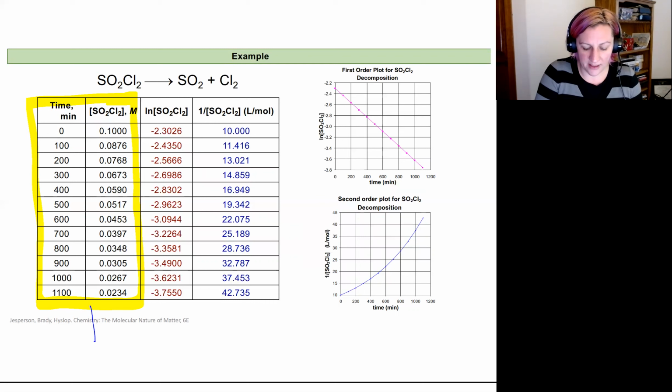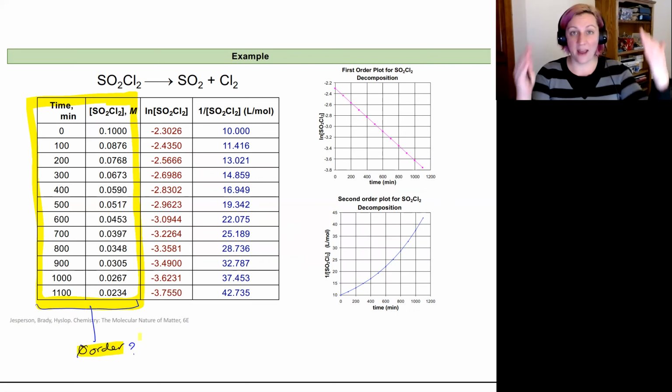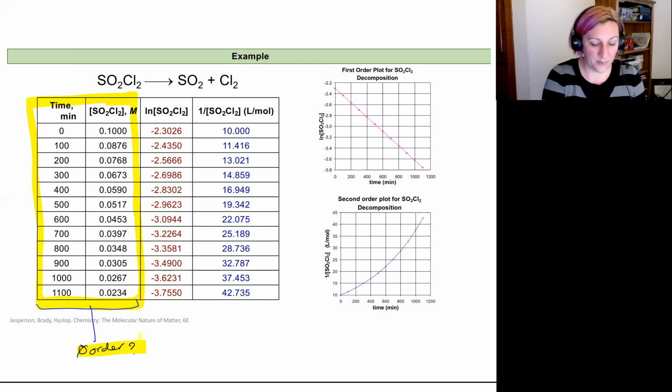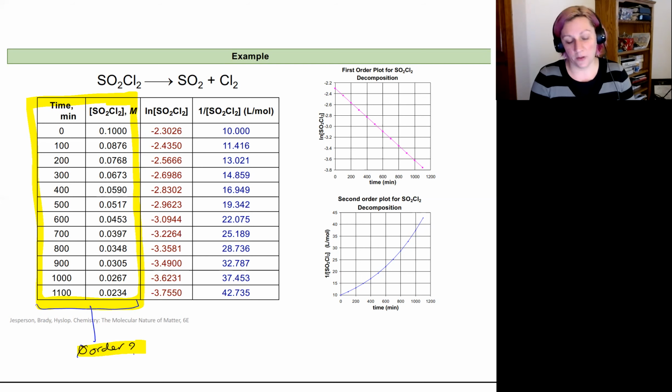But when I have this in Excel, I can just click my concentration and hit equals, natural log of that concentration, and I can calculate that quickly in Excel, and then plot time versus the natural log of my reactant to see if I have a first order plot.